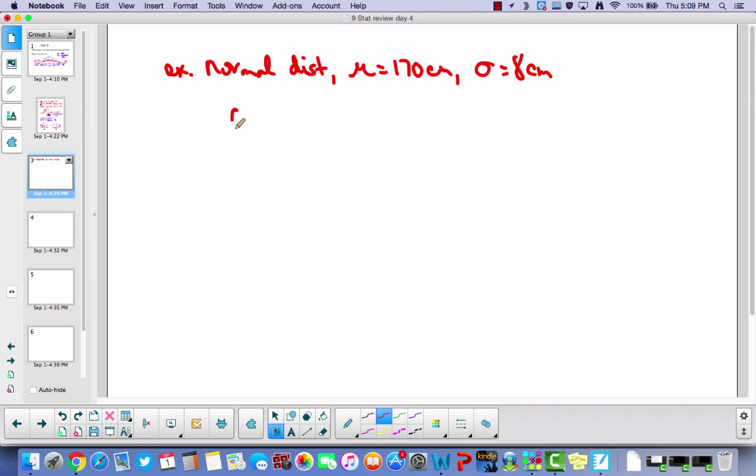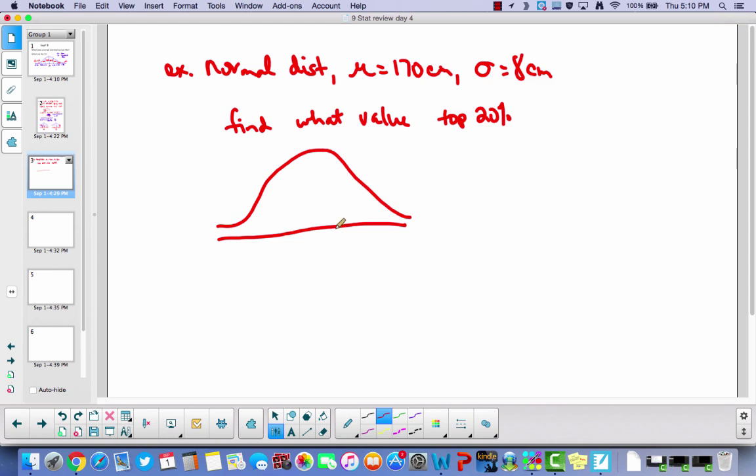And we want to find what value gives us the top 20% of our heights. So here's my 170. So we want to know, what is this x value here? That's probably a little close. Let's try to move that over here just a little bit. Oops.